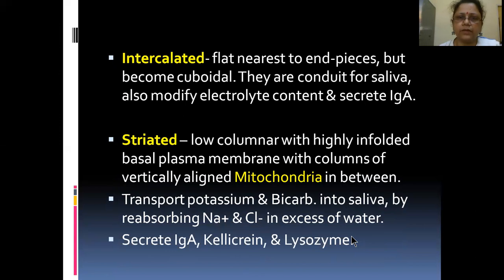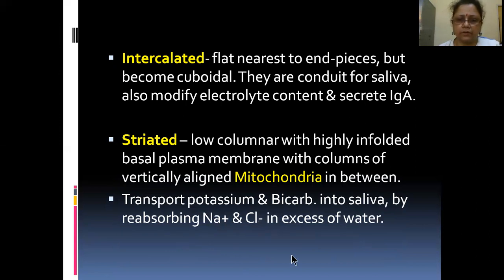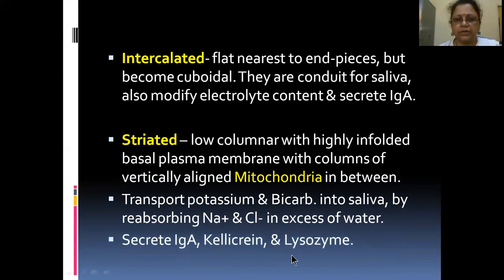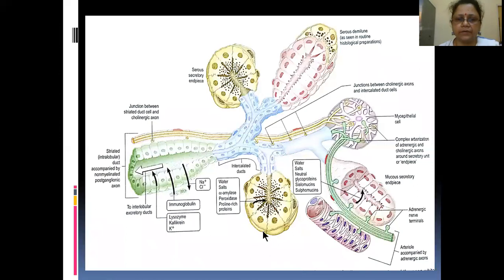They also secrete immunoglobulin A, kallikrein, and lysozyme. In this diagram you can see sodium and chloride ions, lysozyme, kallikrein, potassium. I don't want to go into details because it will take a lot of time, so you can go through this and understand.